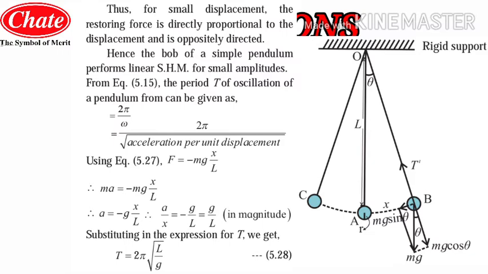Thus by using this term in the above equation, that is F is equal to minus mg into x by L, we can write force as also equal to ma, which will be equal to minus mg x by L. So m will get cancelled, so the remaining term will be a is equal to minus g into x by L. After rearranging, this may also be written as a by x is equal to minus g by L. So now substituting this value in the above equation, which we used to calculate the time period, we get T is equal to 2 pi root of L by g.